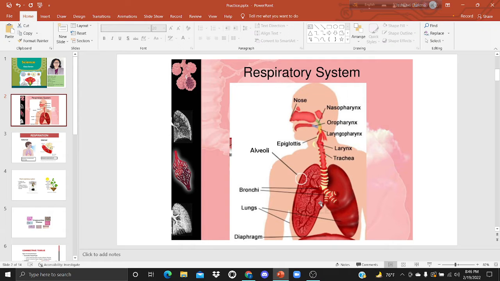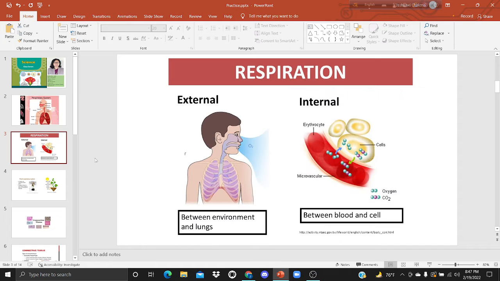Internal respiration. Now we will discuss internal respiration. During internal respiration, the cellular food is oxidized in the presence of oxygen and converted into kinetic energy and heat energy. Oxygen that enters the blood in the lung moves with blood to distant capillary vessels.